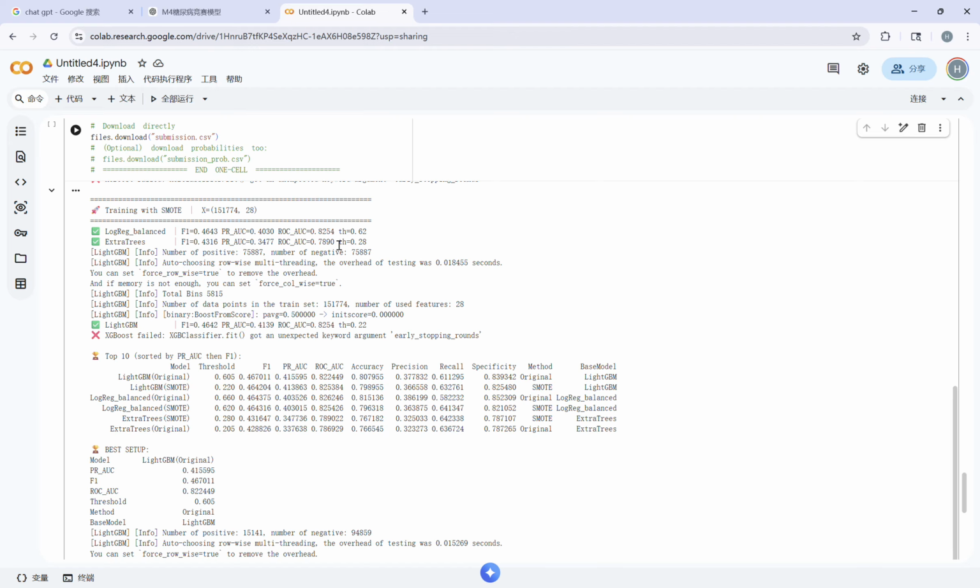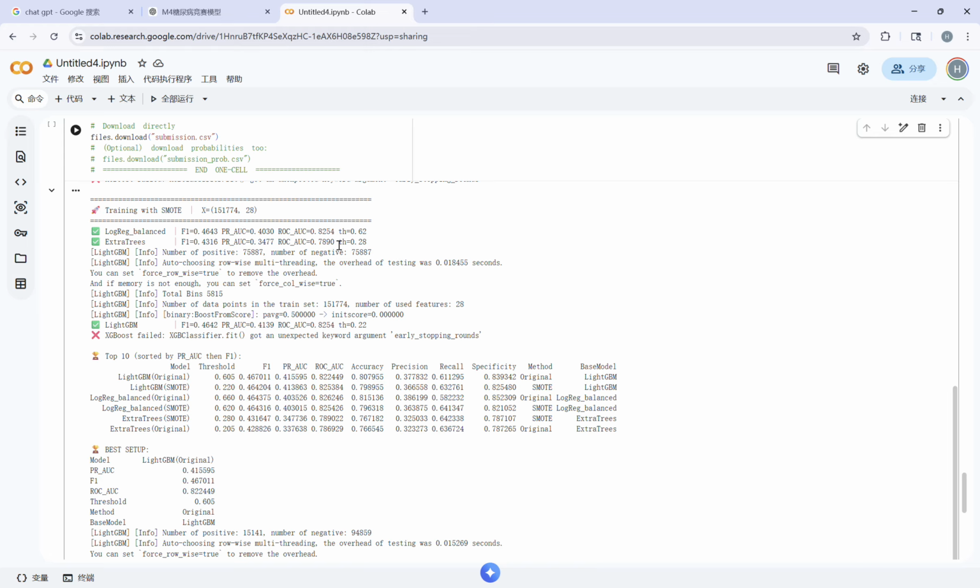A value like 0.416 shows the model is meaningfully better than chance at concentrating true positives near the top of its risk ranking, which is exactly what we want under imbalance. Then F1 around 0.467 describes performance after turning probabilities into hard labels.